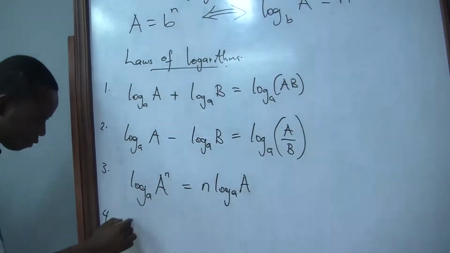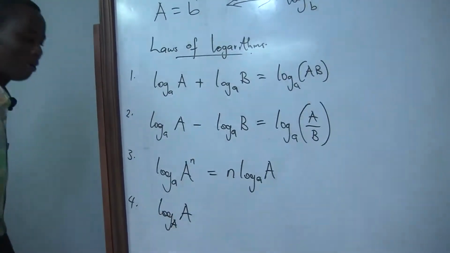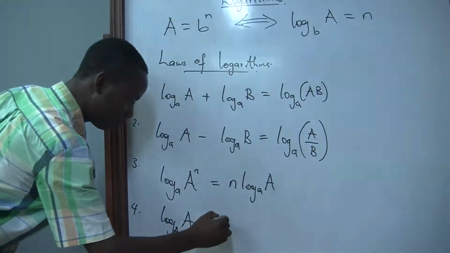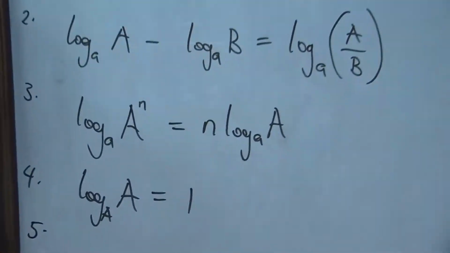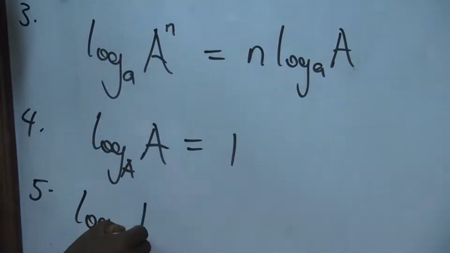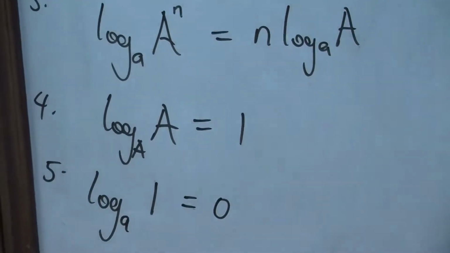Number 4, if we have log of a in base capital A now, this will equal 1. And number 5, if we have log of 1 in any base, that will equal 0.